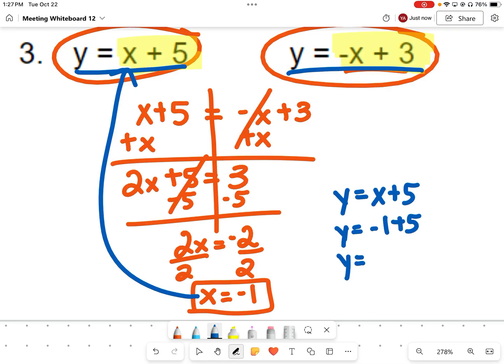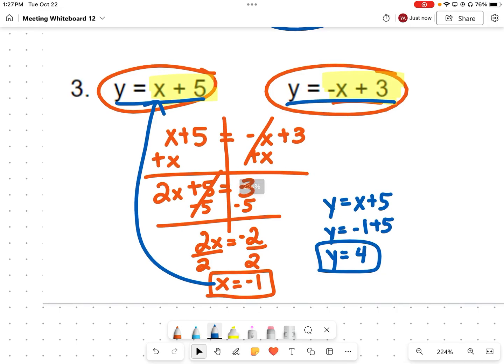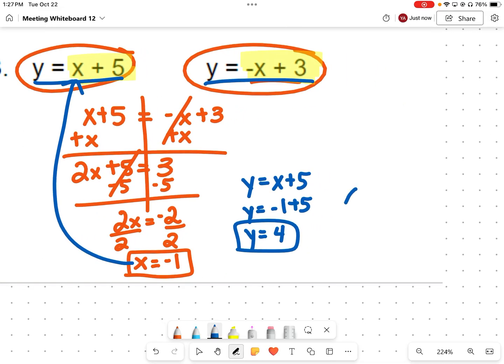So if you need to put that in the calculator, you can, or if you know negative 1 plus 5 is 4. Okay, we're not done because how do we have to write our answer? X comma y. Negative 1 comma 4. That's our solution.